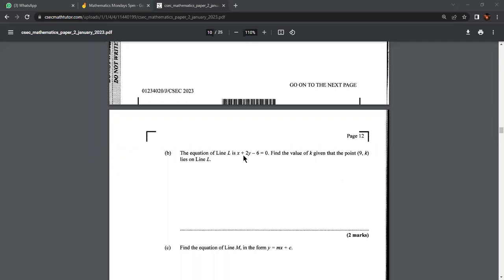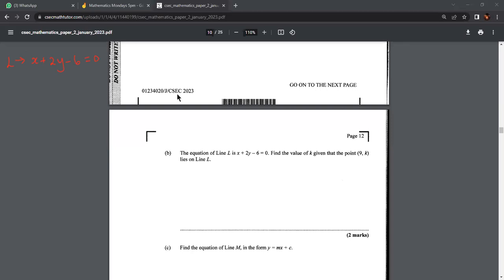They want us to find the value of k given the point (9, k) lies on the line L. So let's say they gave us this one. I'm just writing it down. So L is x plus 2y minus 6 is equal to 0.